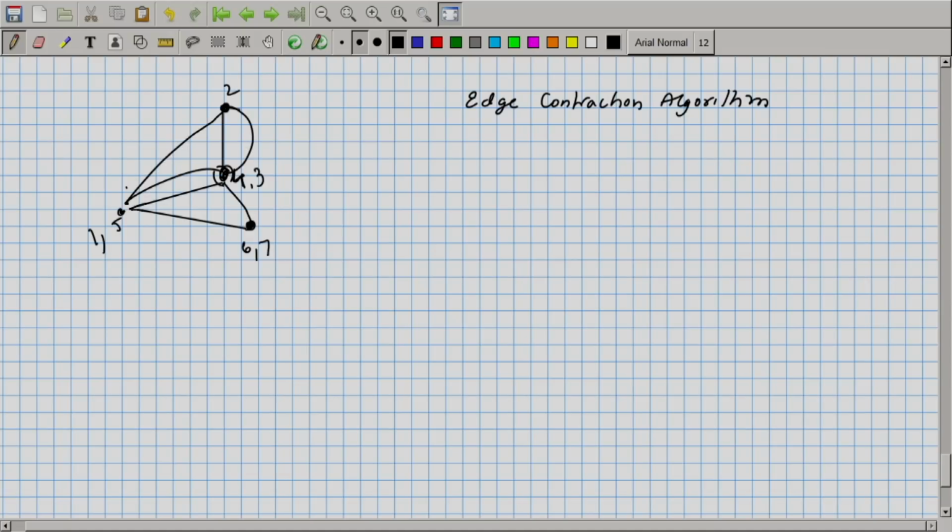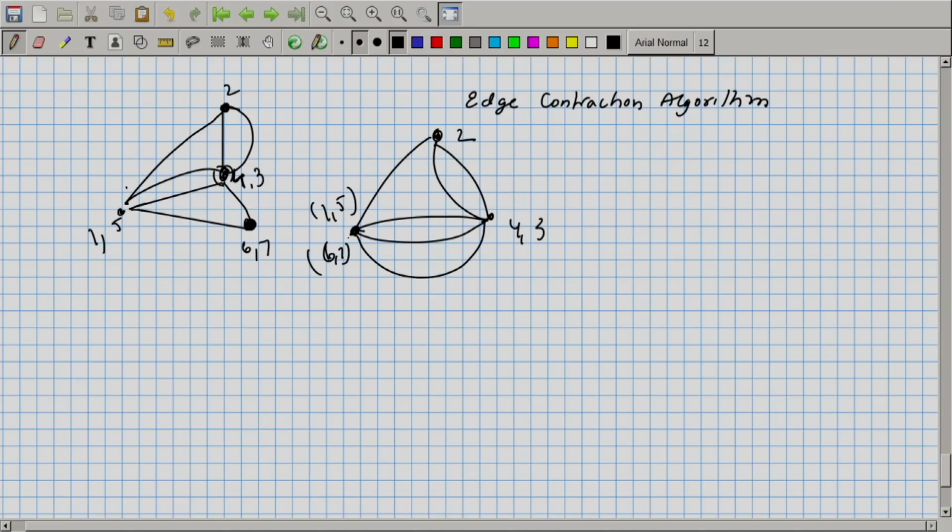Now, if we contract this particular edge, we are always contracting an edge, then we will get the following graph: 2, 4 3, there are 2 edges here, 1 5, there were 2 edges already present, and this will be 6 7 being added to this.